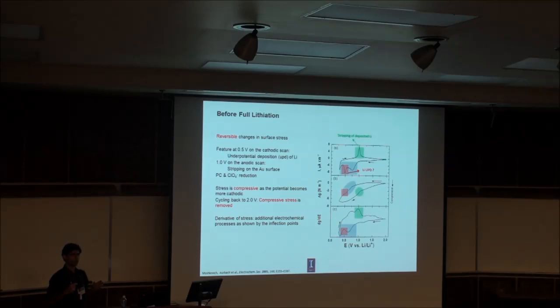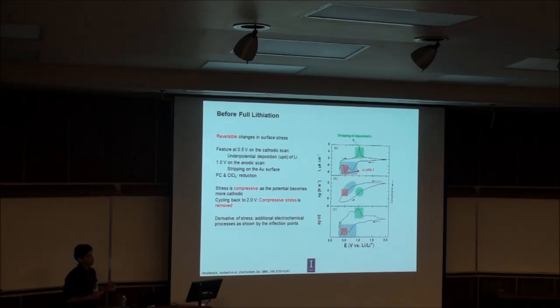Ideally, if you get very close to 0, you would bulk deposit lithium into the gold. But in this graph we are not going that low in potential, so we are not bulk depositing lithium into the gold. But we are seeing a couple of features here, one here and one over there.